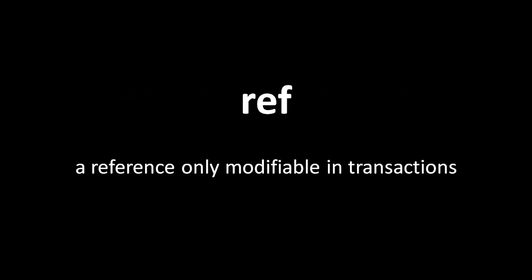So the idea behind a ref is that it is a mutable reference which can only be changed in a transaction. The concept of a transaction you're probably familiar with from databases, and the basic idea there is that a transaction is a unit of work, a section of code we can say, that deals with a set of data, and the rule is that if during this transaction the set of data is modified by some outside source, the transaction should fail, meaning everything done in the transaction should be undone.